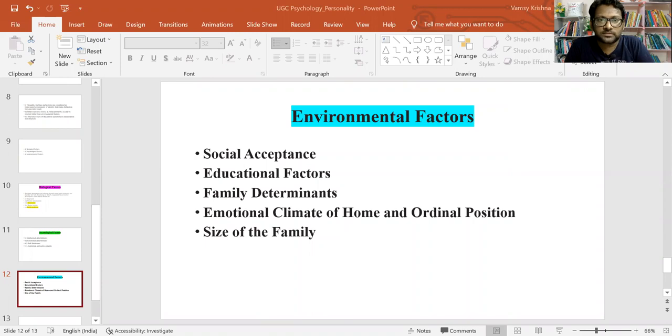So environmental factors have been isolated and have shown very significant impact upon development of the personality, under which we can talk about social acceptance. Social acceptance is one of the major environmental determinants. Every person lives in a social group which judges the other person's behavior in terms of the person's conformity. The conformity concept was explained in previous videos in the social psychology unit.